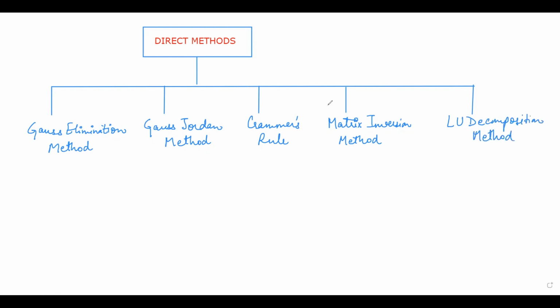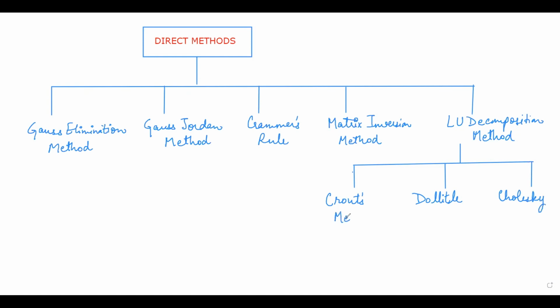So it is further subcategorized into three types. Let me just write them. They are Crout's, Doolittle, and Cholesky.